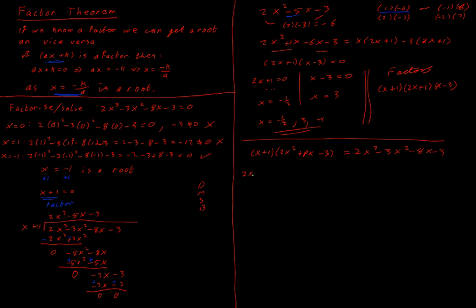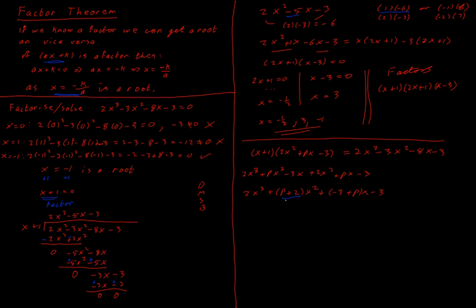So multiplying the left-hand side out, I get 2x cubed plus px squared minus 3x plus 2x squared plus px minus 3. Immediately I'm happy. I see that my first term and my last term have indeed worked out correctly. Then I'm going to gather my x squared terms and my x terms. P plus 2 x squared plus minus 3 plus p x minus 3.